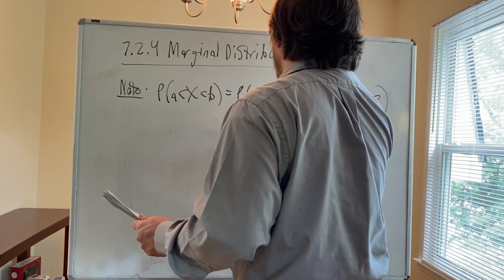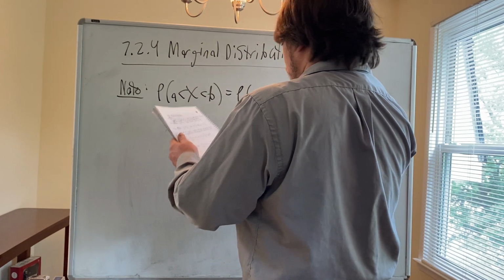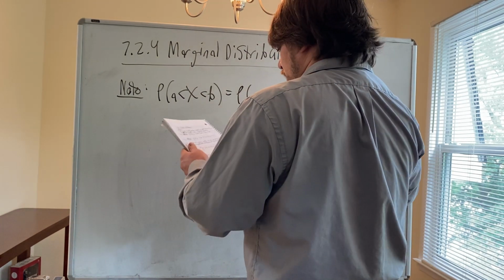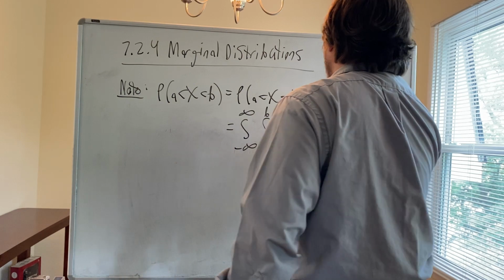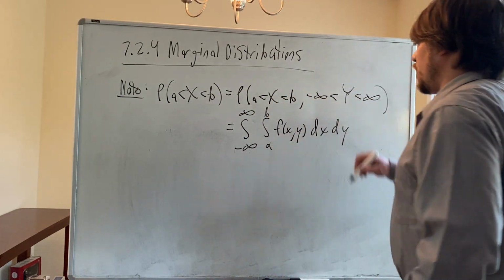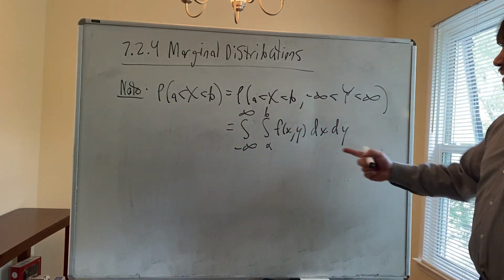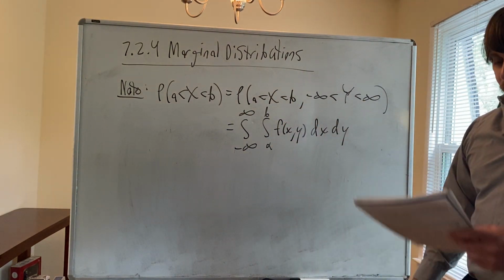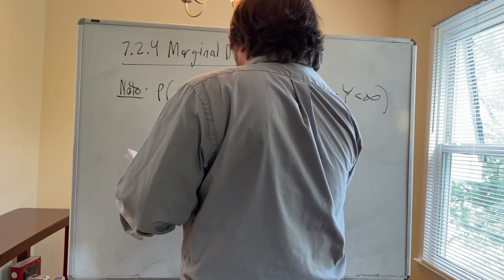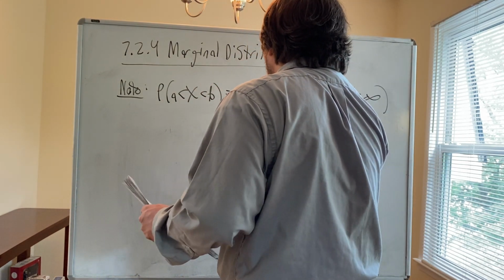And so this is integrating from negative infinity to infinity, then integrating from A to B of little f of x comma y dx dy. We're integrating with respect to x from A to B, and we're integrating from negative infinity to infinity with respect to y. And so we can switch the order of integration.